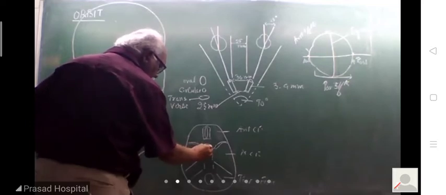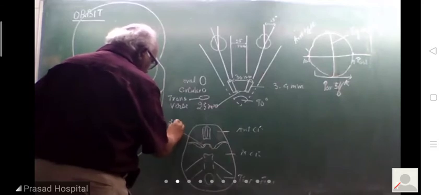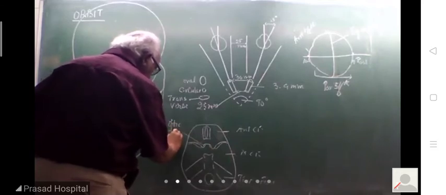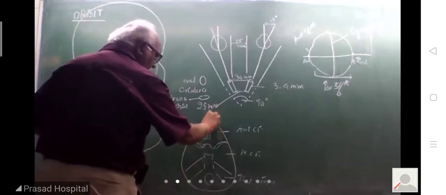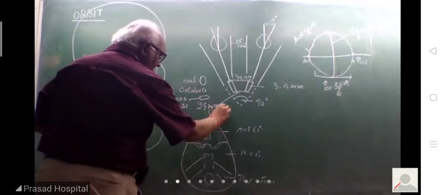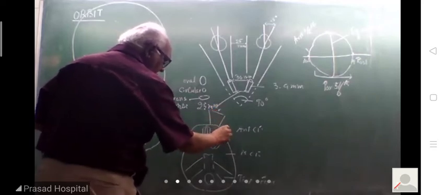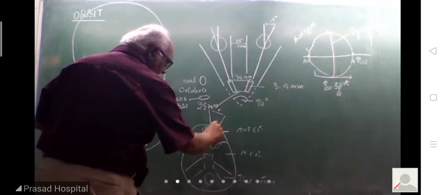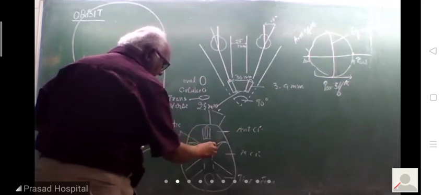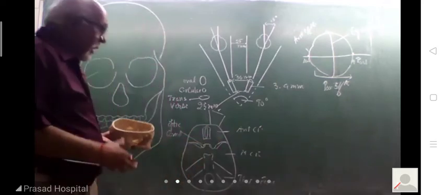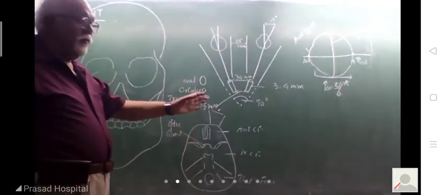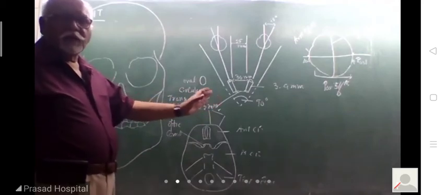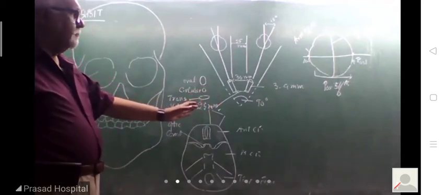And you have the optic canal here. The optic canal forms the apex of this pyramidal structure, which has a base and an apex. The apex is the optic canal, through which pass the optic nerve and the ophthalmic artery.